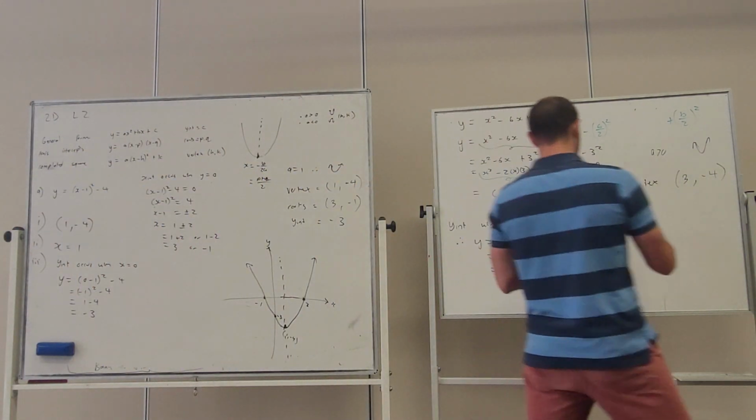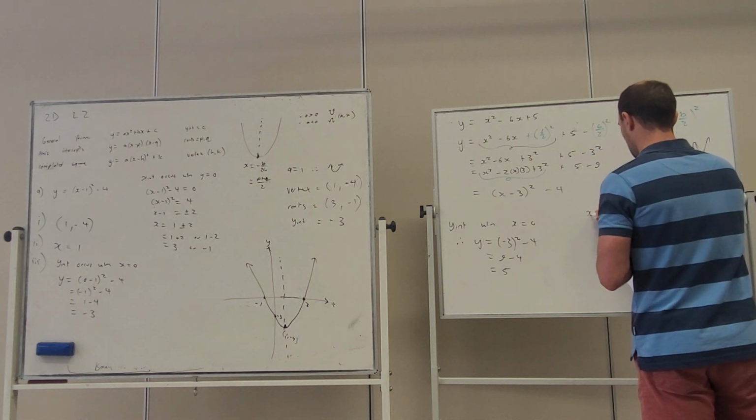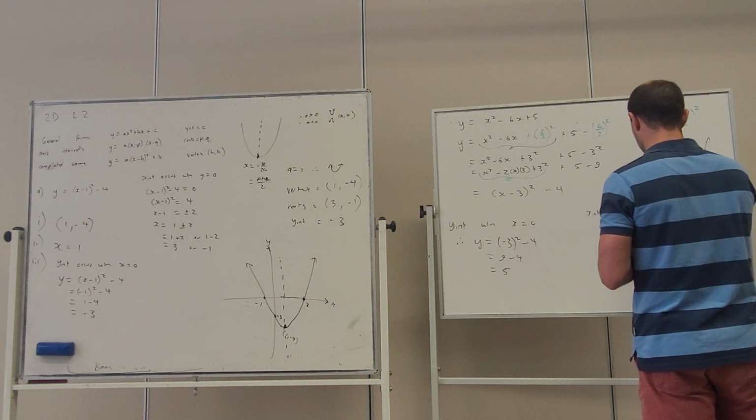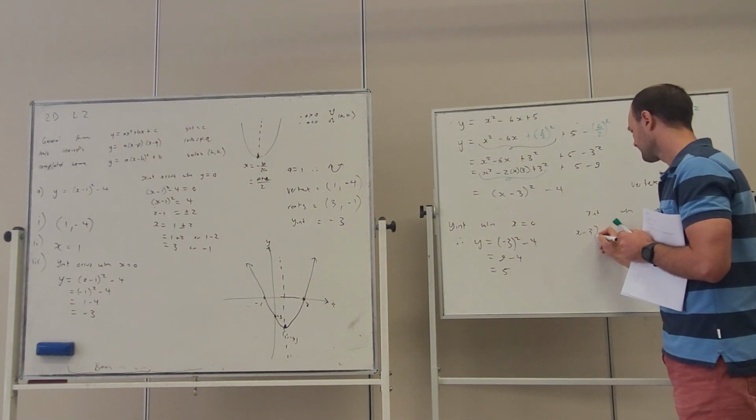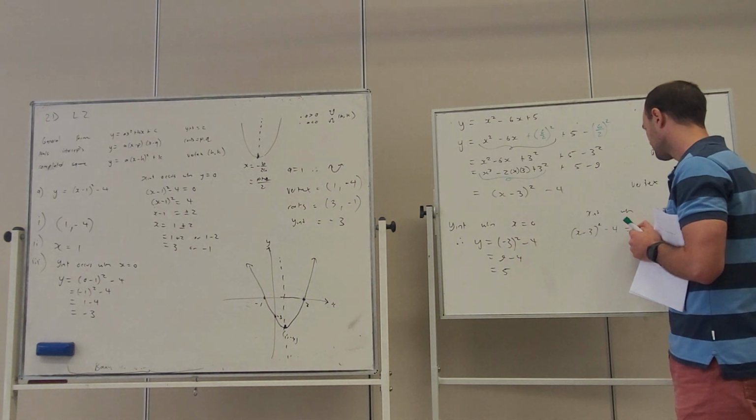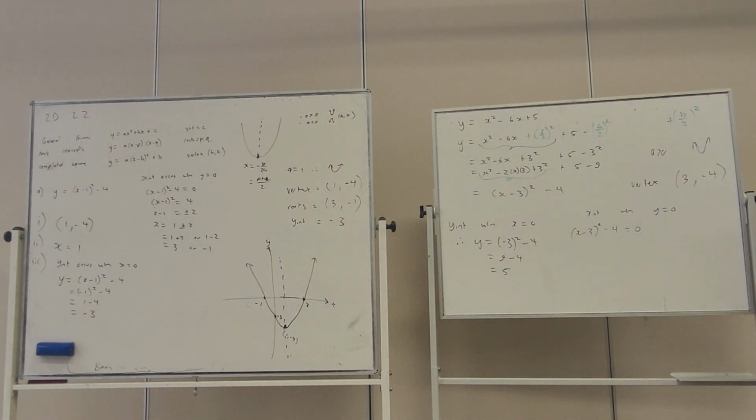For the roots, the x-intercepts, when y is 0, we take the equation and we make it equal to 0. Move the 4 over.